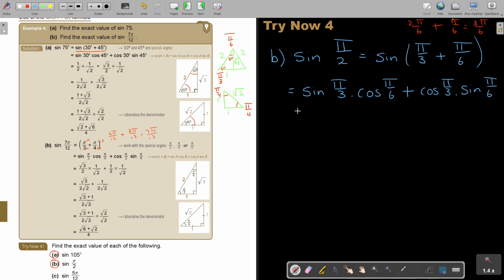Okay. Now I'm going to start filling. So sin pi over 3 is square root 3 over 2.